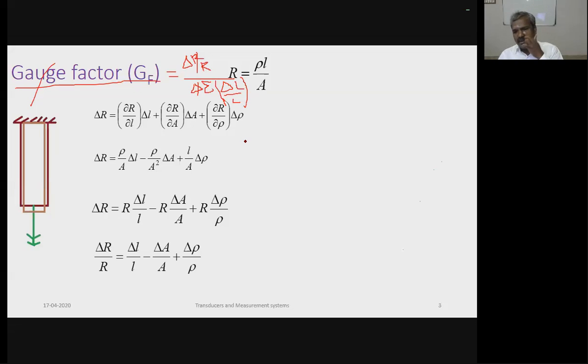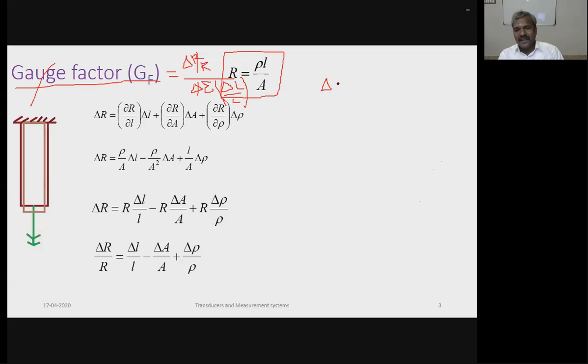This is a very important derivation. We start from the basic relation of a resistive element, R equal to rho L by A. We already discussed this in the limiting error derivation. Please remember the limiting error expression for any computed complex quantity.